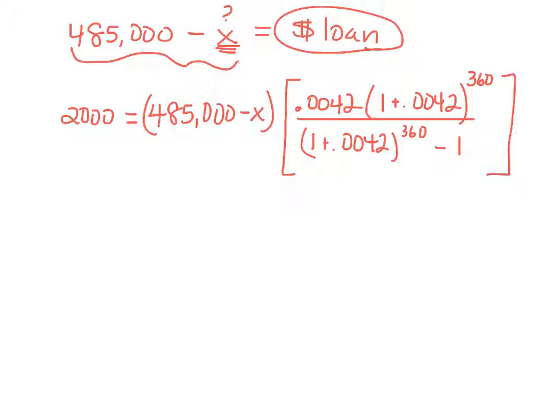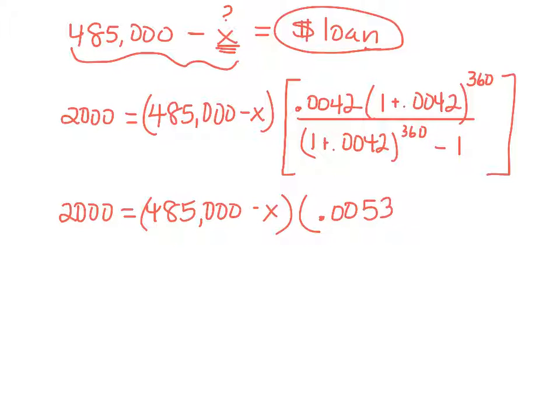Now, I got that in part A. If you remember, I wrote that down, but I'll rewrite it for you. So it's $485,000, right, minus X. And when I put all of that in my archaic calculator, I got 0.0053, and I'm just going to go out further, 9268. Okay, I know that's a lot of extra decimals, but so basically I'm trying to get X by itself, so I'm going to divide out that disgusting decimal 0.0539 and so on.